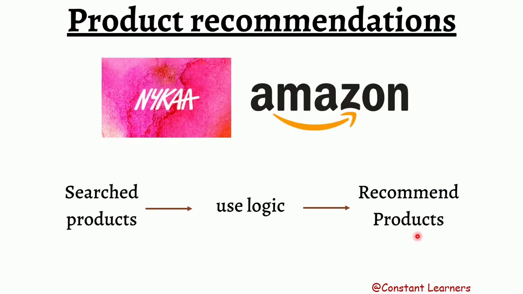Similarly, when we search for a product on an e-commerce site like Amazon or Nykaa, we feed it with our choices in size, brand, color, etc. So we go to their sites or the apps and we input our data, our preferences, our choices, what color we want, what brand we want, what size we want. And the machine uses this information.